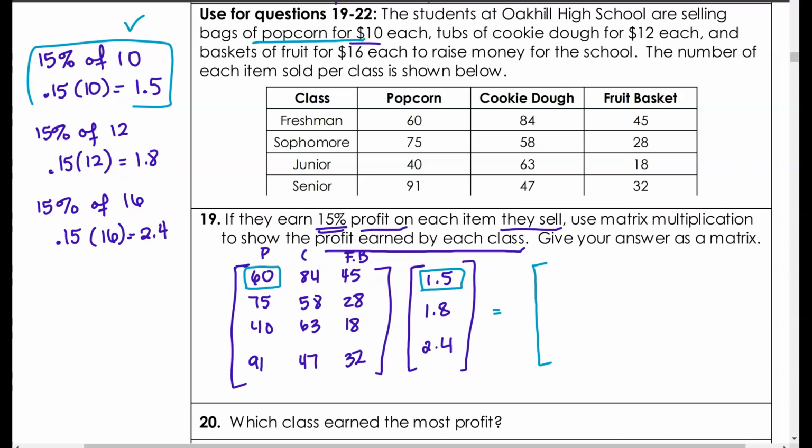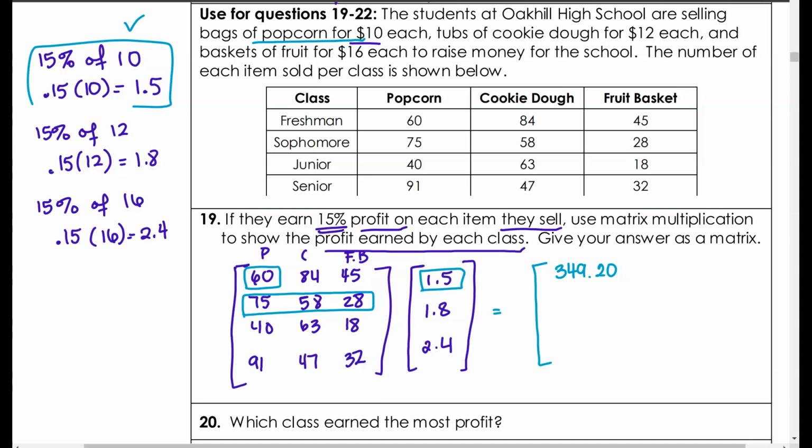So we're going to have 60 times 1.5 plus 84 times 1.8 plus 45 times 2.4. So if you do this real quickly on your calculator, you should end up with $349.20. So again, we're going to take this row and now we're going to multiply it by the entire column.